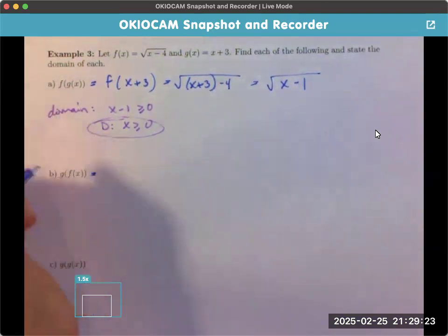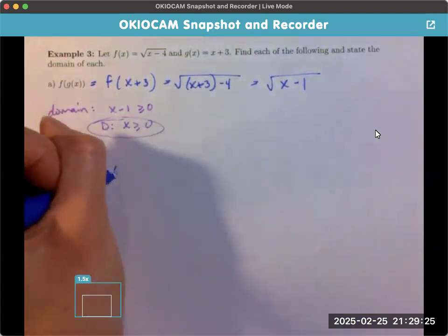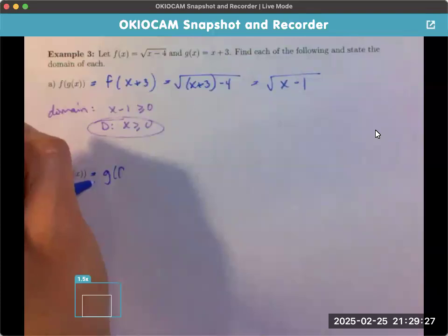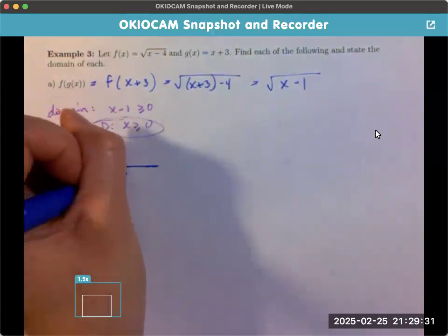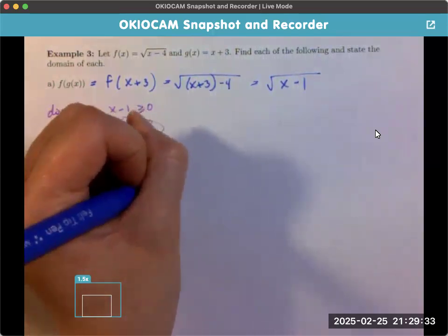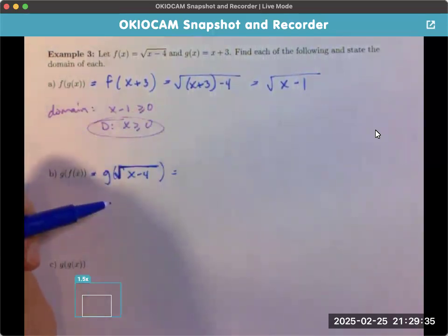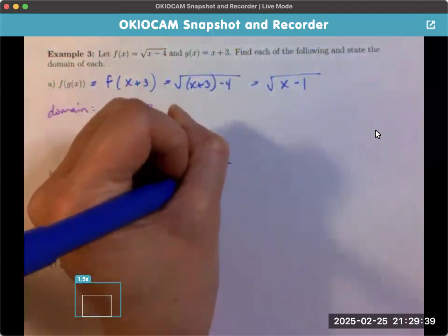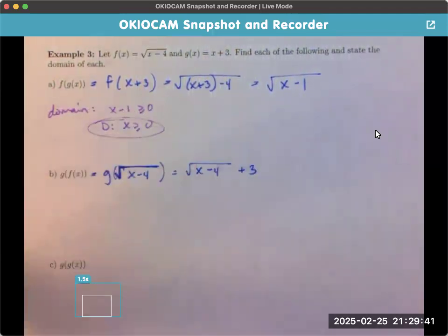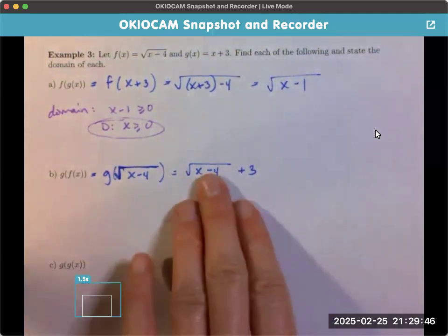Okay, so again, I recommend you just move forward with the substitutions. So this is g of the square root of x minus 4, which now means that root x minus 4 goes into g. So this is root x minus 4 plus 3, and that's it. You can't go any further. There's no way to get that 3 under the root.